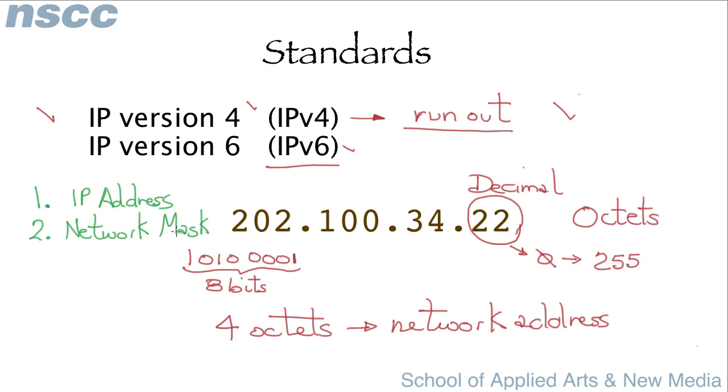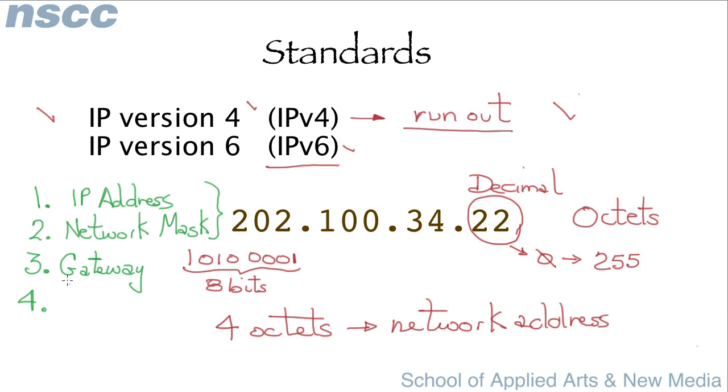And the mask is important, and it works with the IP address to determine if a packet needs to be sent to an external network or if the packet is destined for the internal LAN. So we need to find out if we can send that information just locally or externally. If we're sending some data to an external network, we also need an IP address of something called a gateway. And the gateway is attached to a router, and the router is going to forward these packets on to other networks.